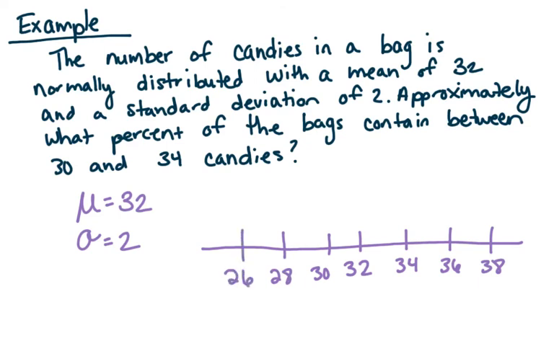I want to know how much falls between here and here, and that's within 1 standard deviation from the mean, which represents 68% of the data. So approximately 68% of the bags would contain between 30 and 34 candies.